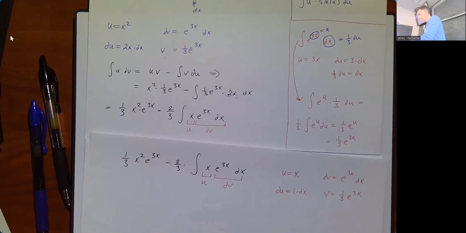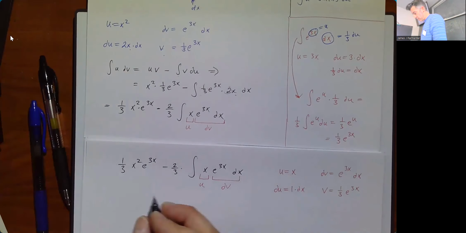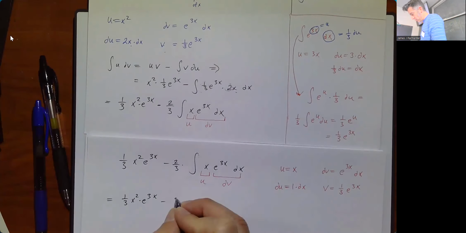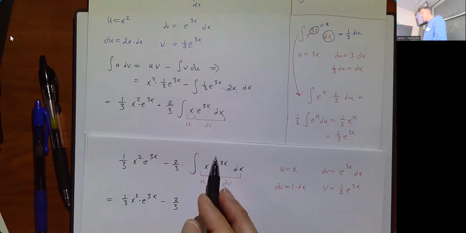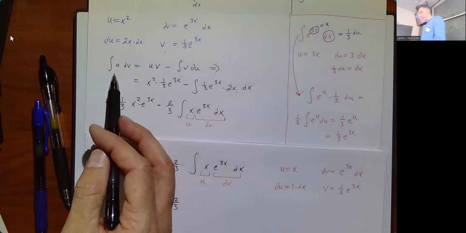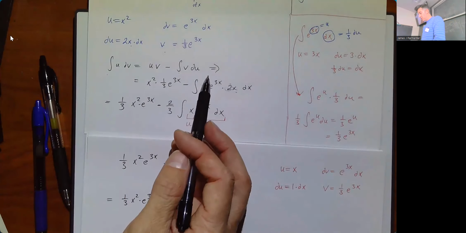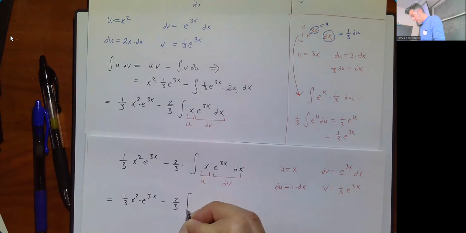And now, writing the entire expression out, I get 1/3 times x squared times e to the 3x minus 2/3 times the entire integral of u dv. But the entire integral of u dv is all of uv minus the integral of v du. So this minus 2/3 has to multiply by the entire ultraviolet super voodoo.